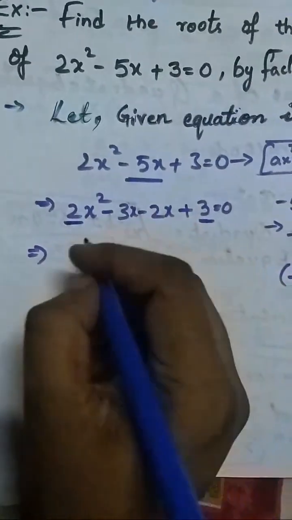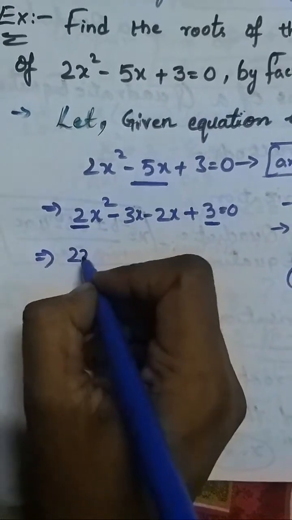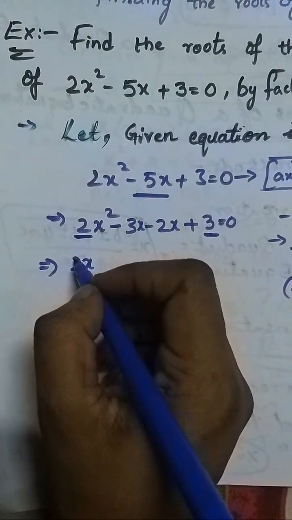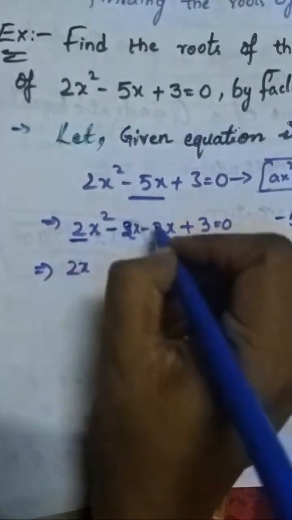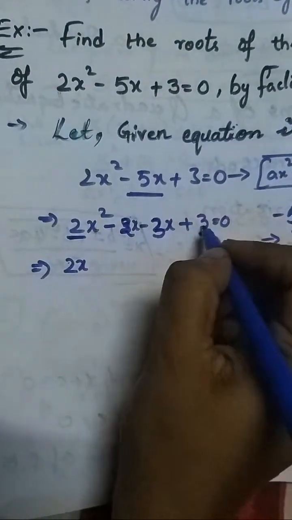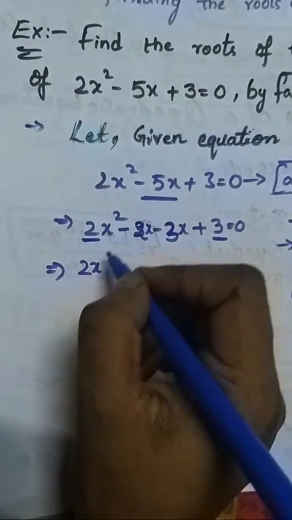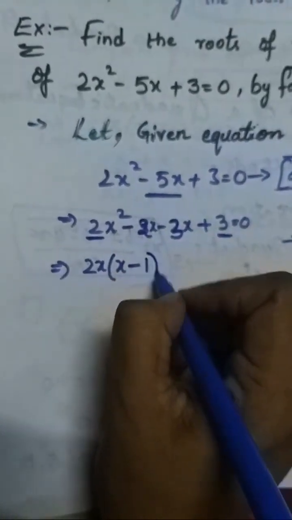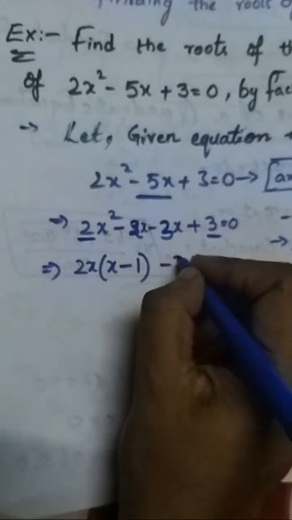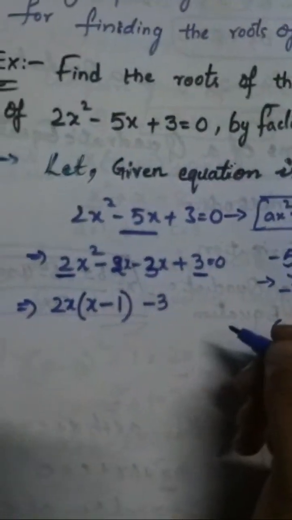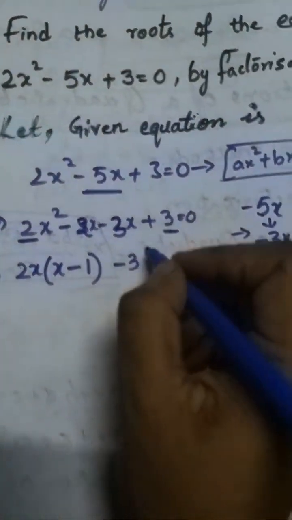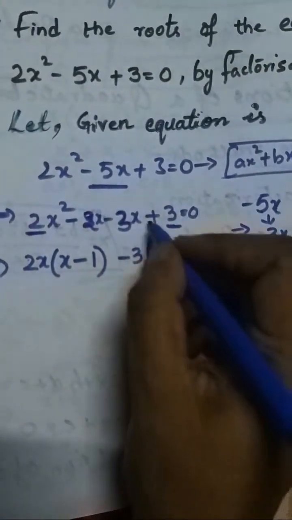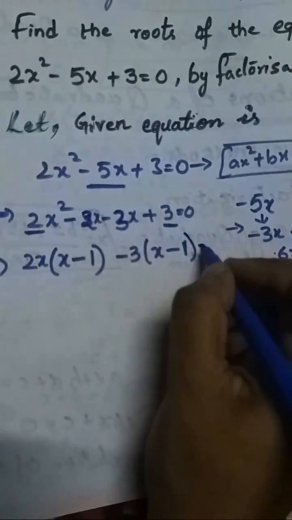Now take common. Here I will take 2x common, x minus 1 is there, and here I am taking 3 common, x is the first term, and minus into minus plus we will get 1 here.